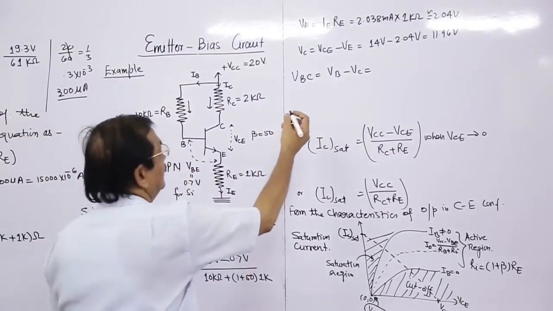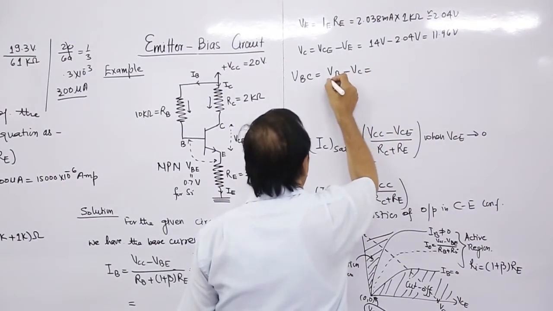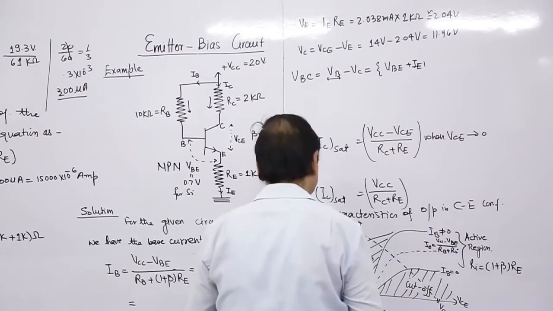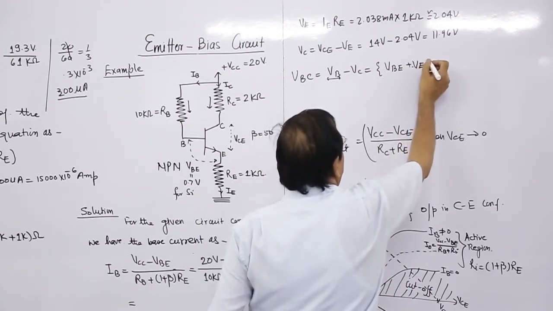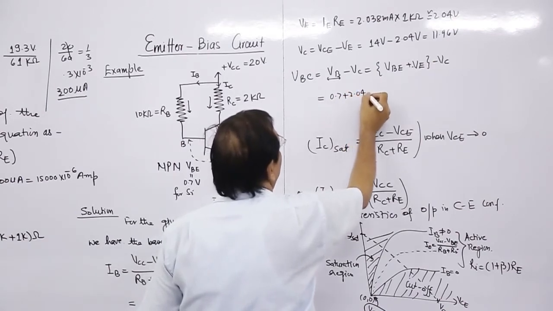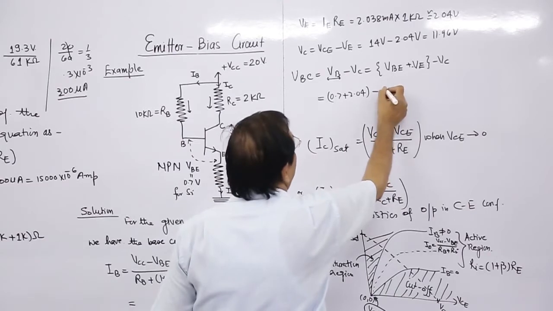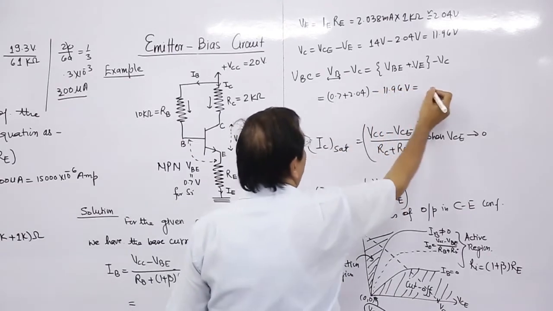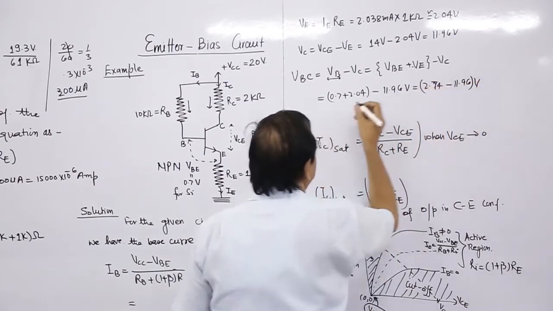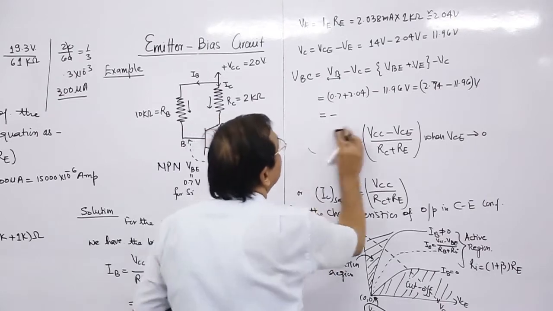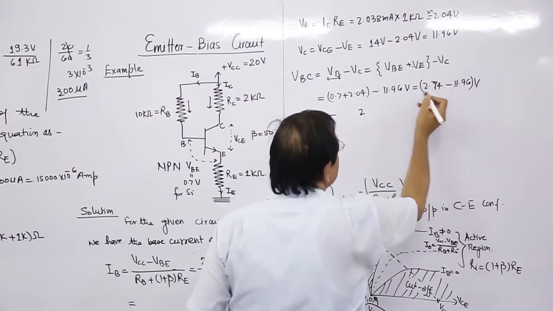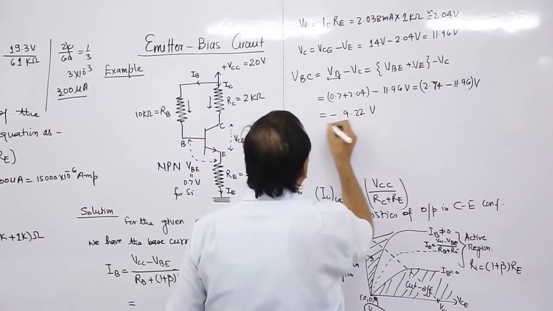This base voltage is VBE plus IE RE, that is 0.7 plus 2.04, which is 2.74 volt. Minus VC, 11.96 volt.